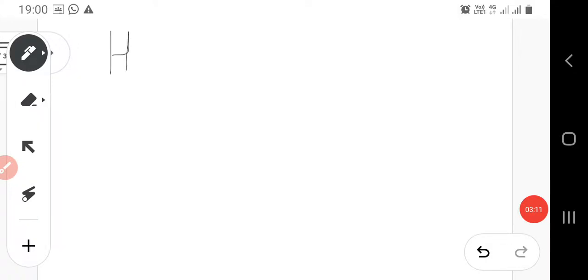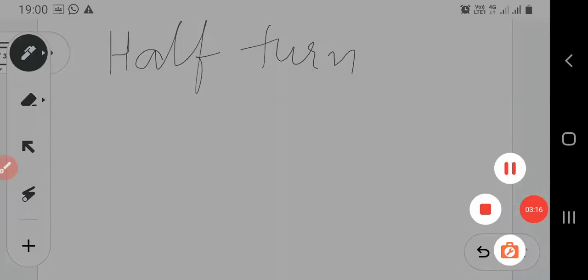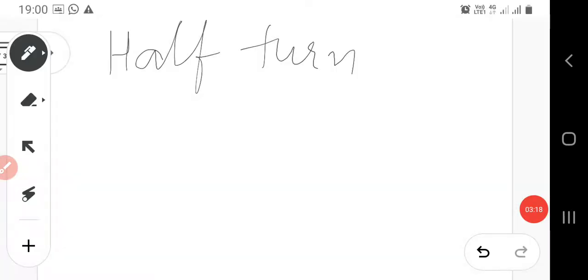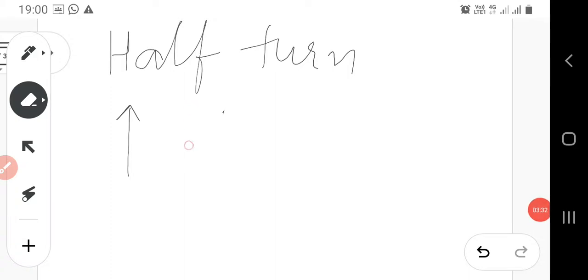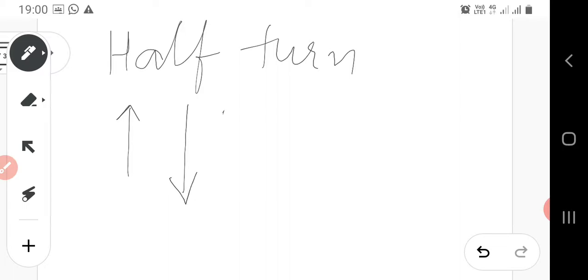Now what is half turn? If this arrow totally turns upside down, it means it turns to 180-degree angle.